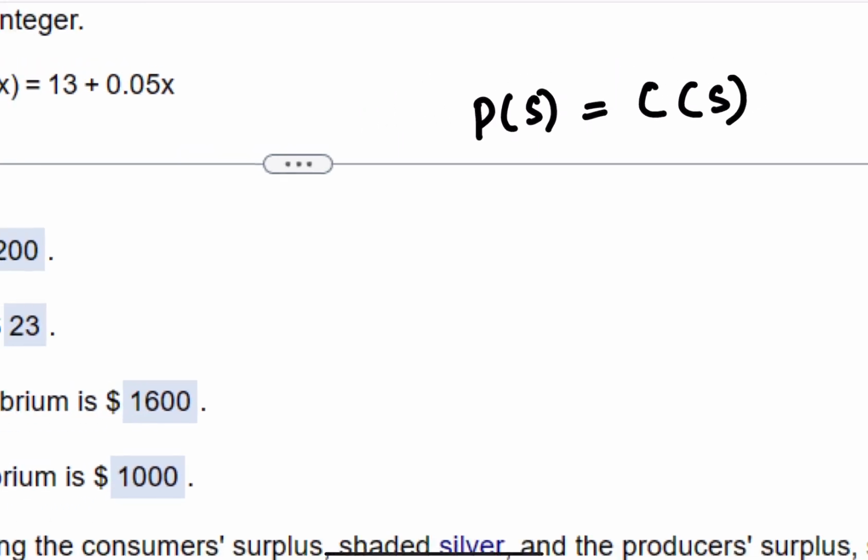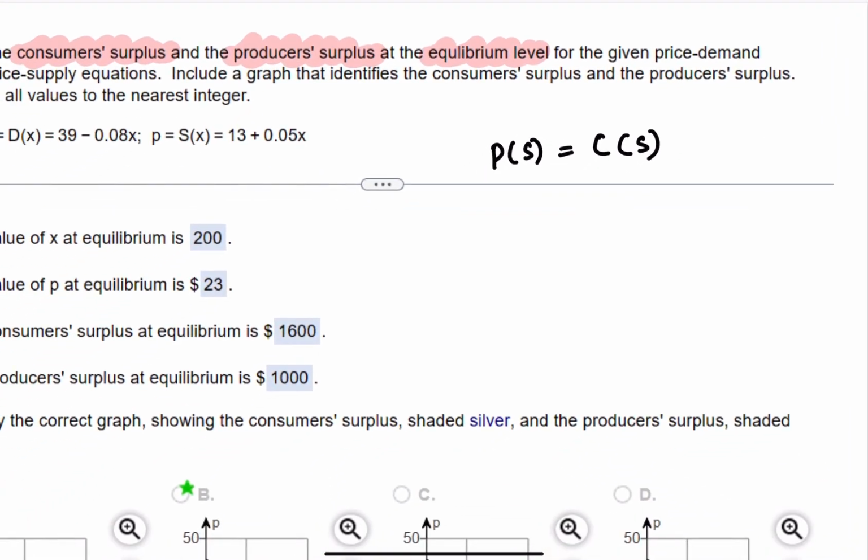Let me move this one. Let's see. So the first step in finding the equilibrium price is at which the quantity supplied is equal to the quantity demanded. So the consumer surplus should be equal to the producer surplus. That means there's the same demand for the same quantity that has been supplied.